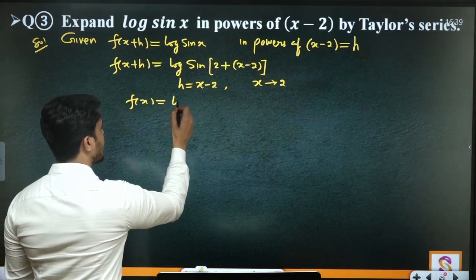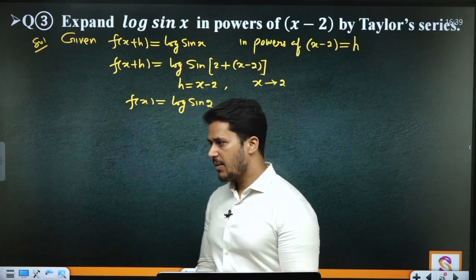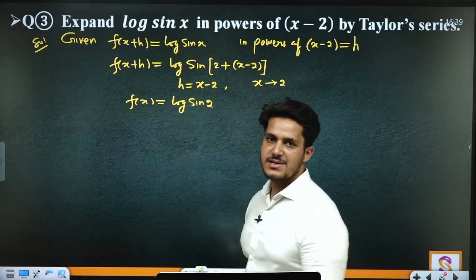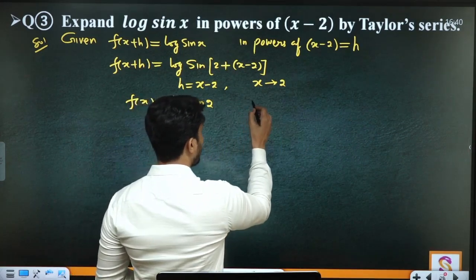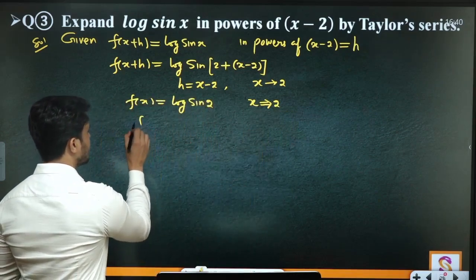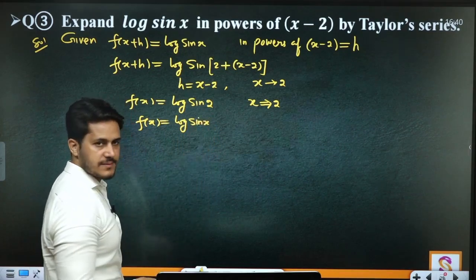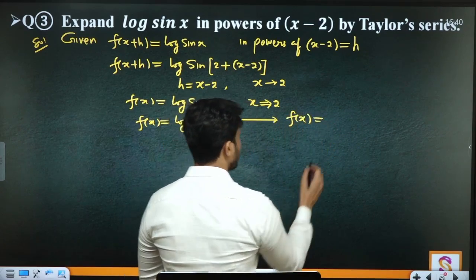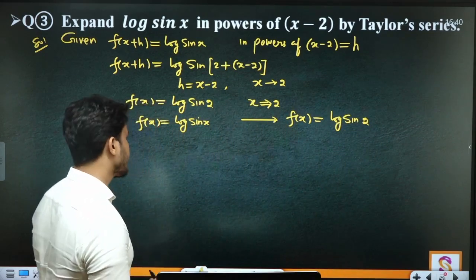Then the function will be log sin 2. Now you have to look carefully that x equals 2. So the 2 is like the variable x, understood? We have to differentiate it. It means you have to consider x equal to 2. Then the function will be f(x) equals log sin x like this, but the actual value of this function f(x) is not log sin x, but it is log sin 2.